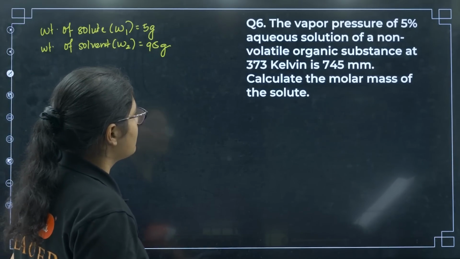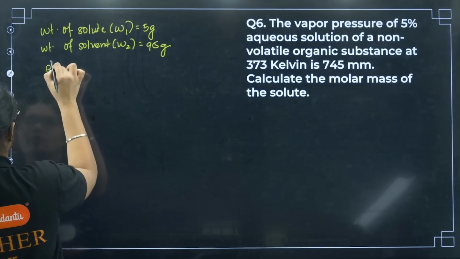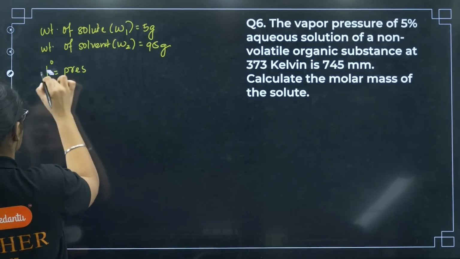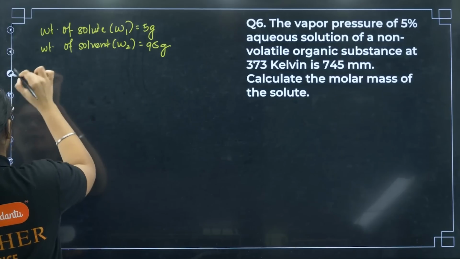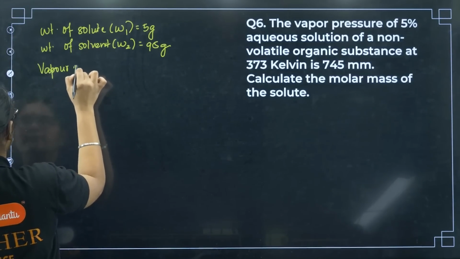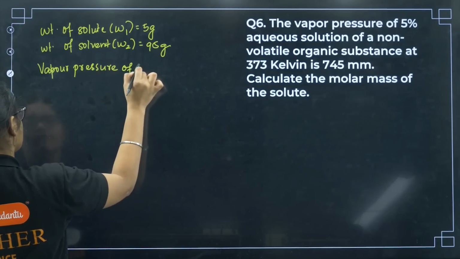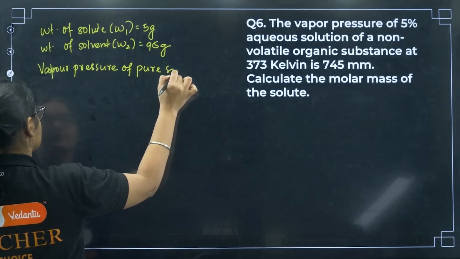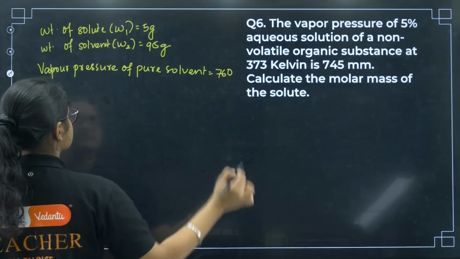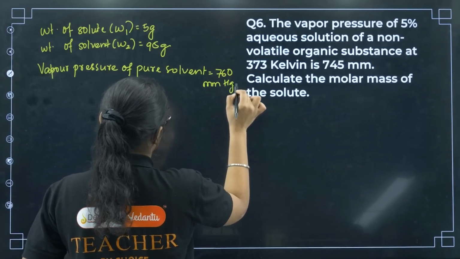Now, P naught, that is vapor pressure of pure solvent, is equal to 760 mm Hg.